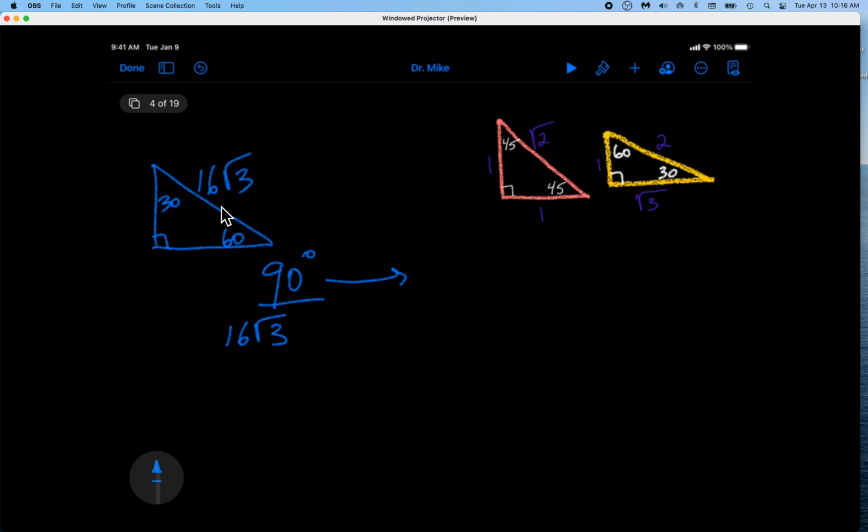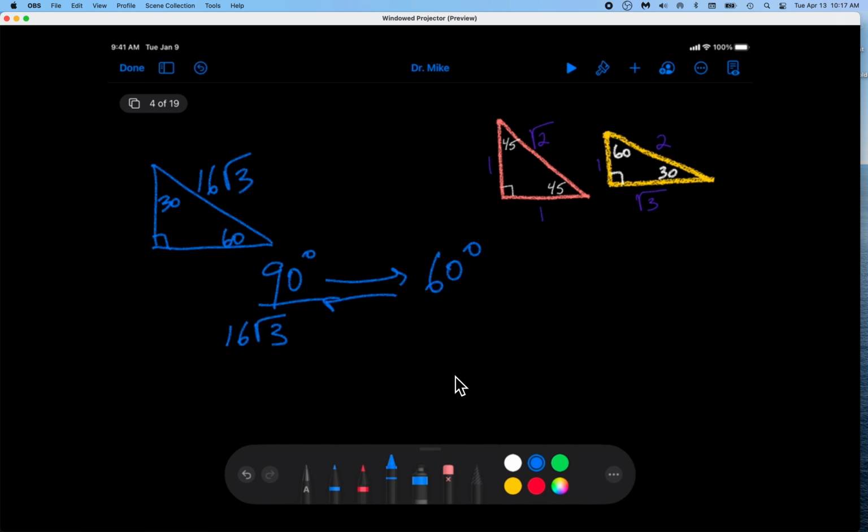In other words, we cannot move from 90 degree to 60 or 60 to 90 because there's not a 1 in either of those conversion factors. So whenever we have 90 or 60, we have to move to 30 first. When you're in a 30, 60, 90 triangle and the 90 degree is involved, that's the conversion factor.